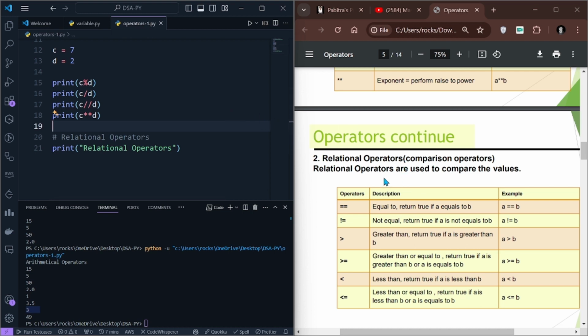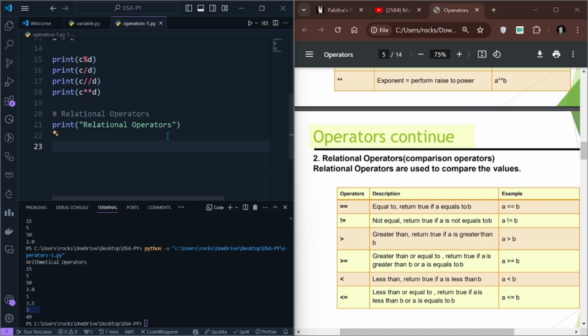As I have already told you, we have relational operators, also known as comparison operators. These nifty little symbols allow us to compare values and determine the relationship between them. Here we have these 6 symbols, so we will try to use them practically.